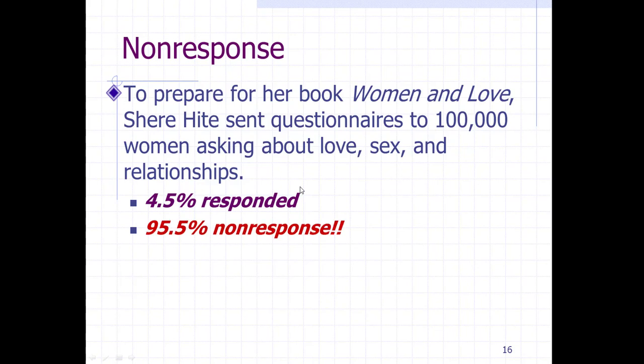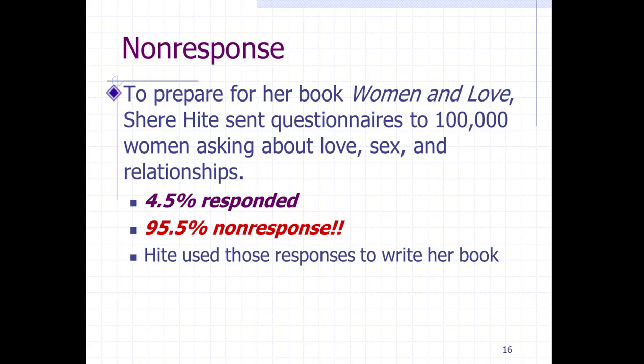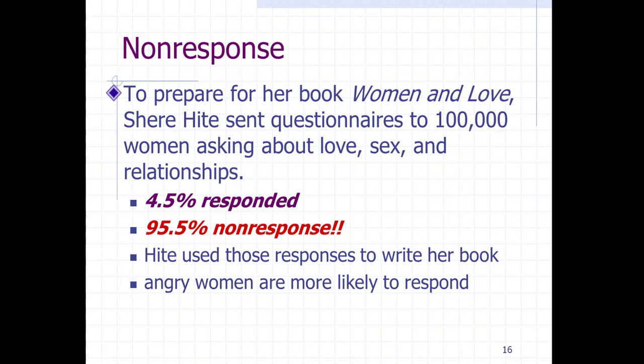But that means over 95% didn't respond. 4.5% of that would be 4,500 responses. She used those to write her book. And her book was very anti-male, because who is more apt to fill out the survey and send it back in? Well, angry people are more likely to respond.